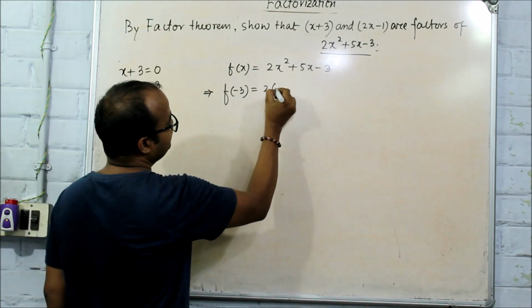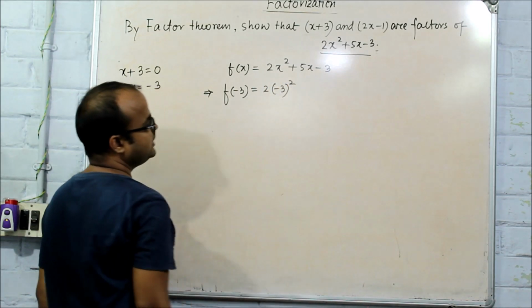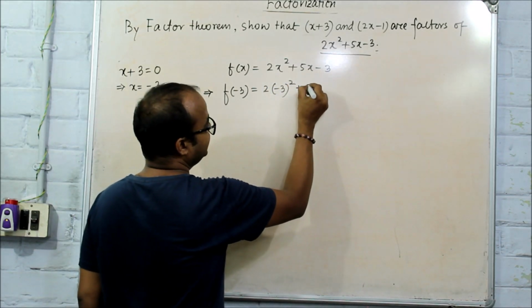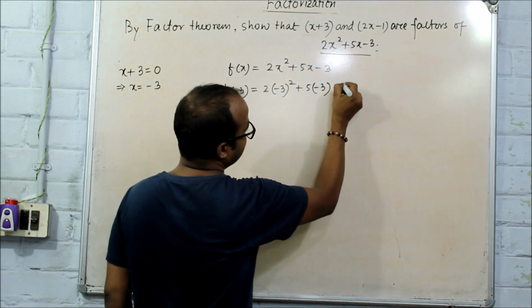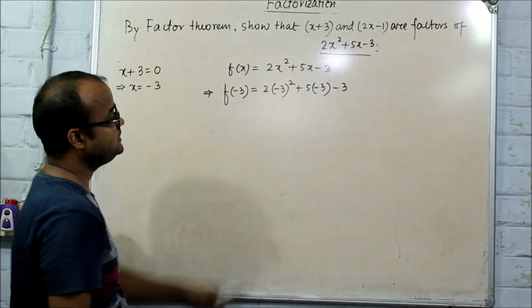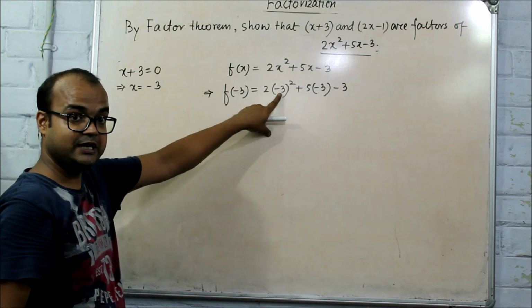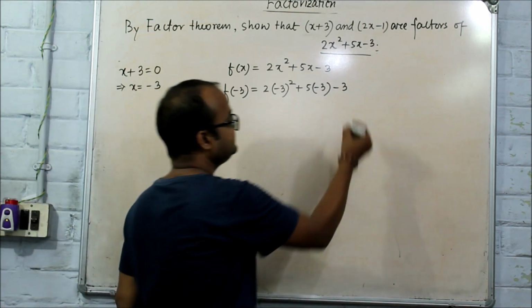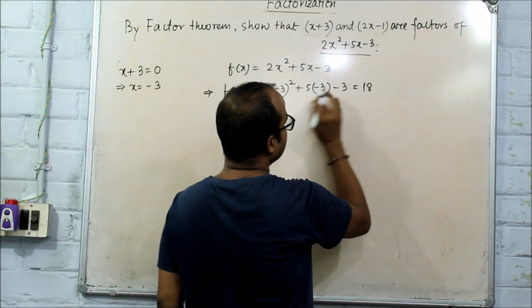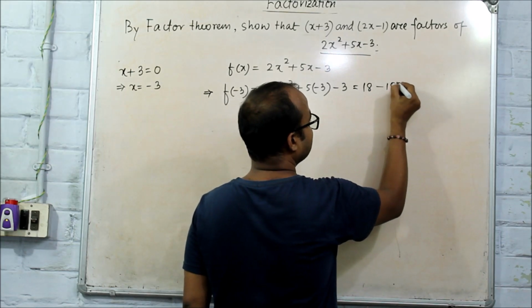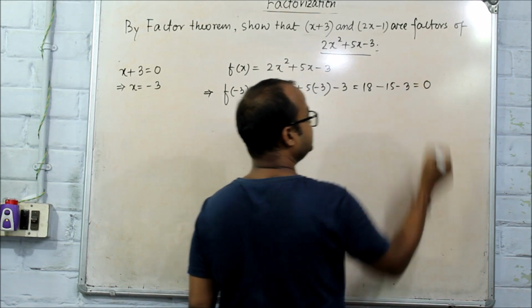So 2 into (minus 3) square plus 5 into minus 3 minus 3. So (minus 3) square is 9, 9 twos are 18, minus 15 minus 3, 0.